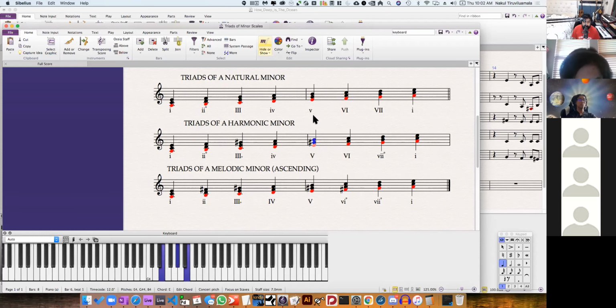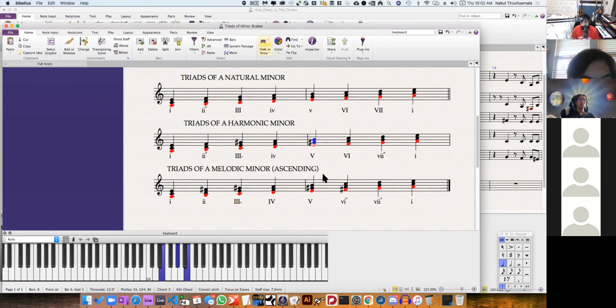Believe it or not, the fact that the 5 chord is major makes a big difference in why we use harmonic minor instead of natural minor.